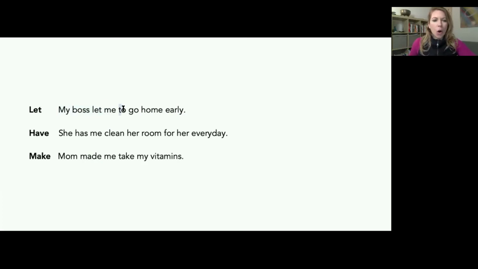I always start singing the song, let it be, let it be. The Beatles sang that song, right? They just said, let it be. The song does not go, let it to be. That is not the song. In fact, if it were, it would be a pretty terrible song. So we have to get rid of the to here.